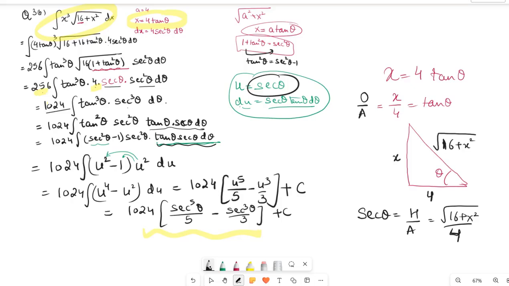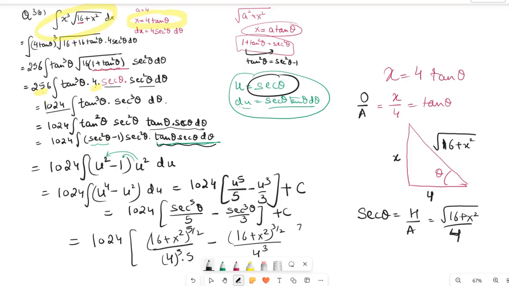Okay, we can replace our secant theta now. 16 plus x squared square root power 5, so this will be 5 by 2, by 4 the power 5, times 5, minus secant cube. That's 16 plus x squared power half, but power 3. So 3 by 2, by 4 the power 3, plus c.